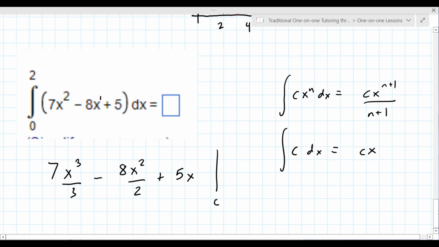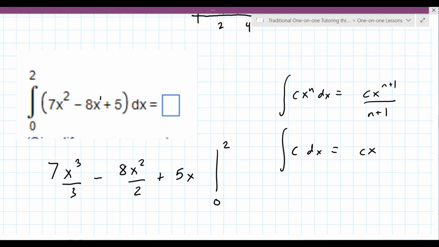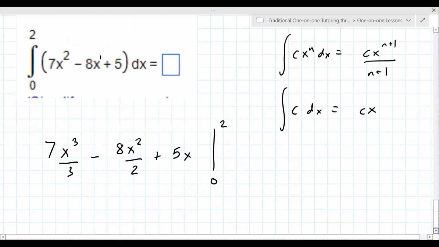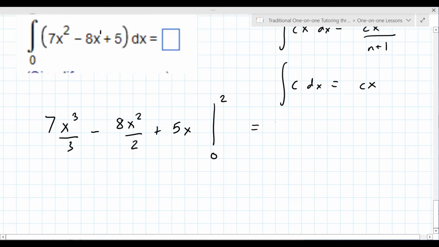So now for this week, what's different is you use the limits of integration. Which means you're going to evaluate this at the top and the bottom. So what this means is top minus bottom.